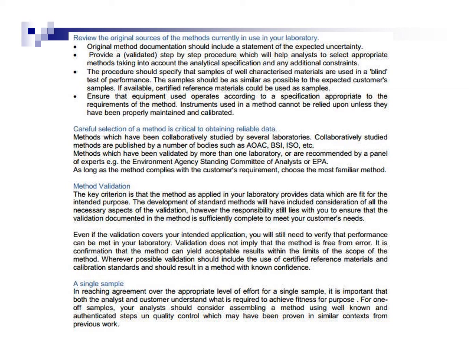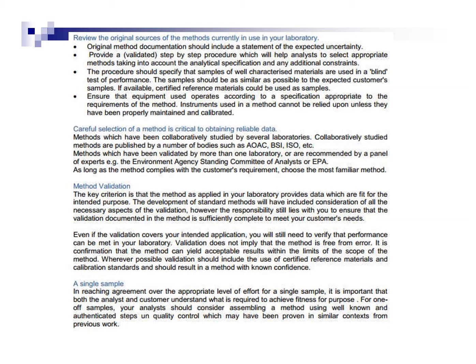When choosing the right method, method validation is very important. It is the criteria for the method as applied in your laboratory to provide data which are fit for the intended purpose, and the method will be verified by using method validation. So you will learn method validation with Dr. Lokahin soon.